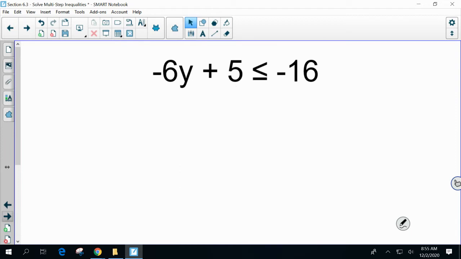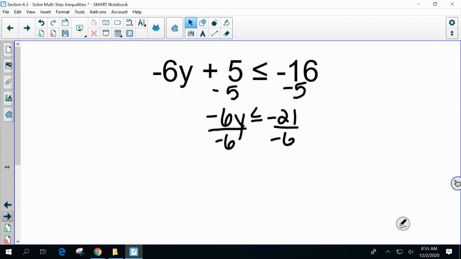Okay, so the next one, what would I start out by doing? Subtract 5. So negative 6y is less than or equal to negative 21. And then I would do what? Divide by negative 6. So I have to remember to do what? Flip my sign.